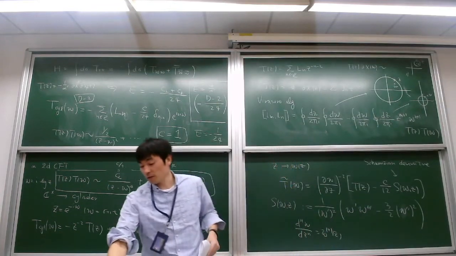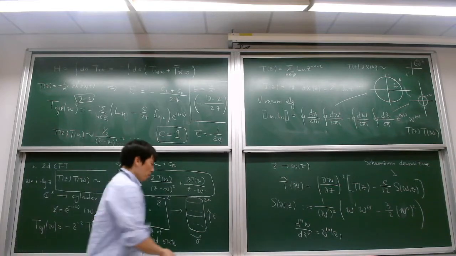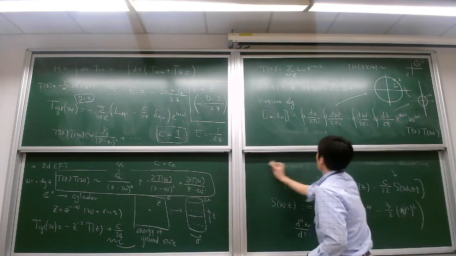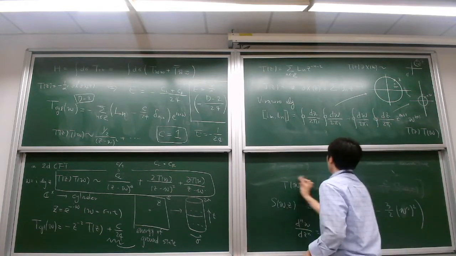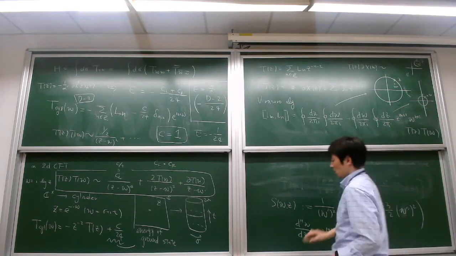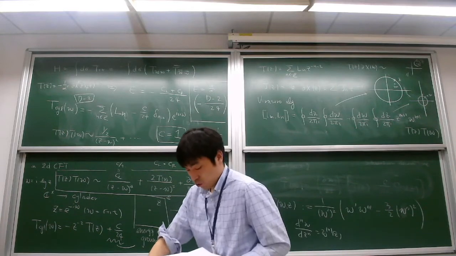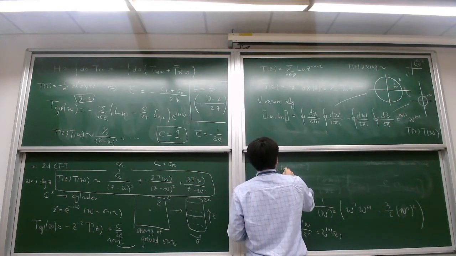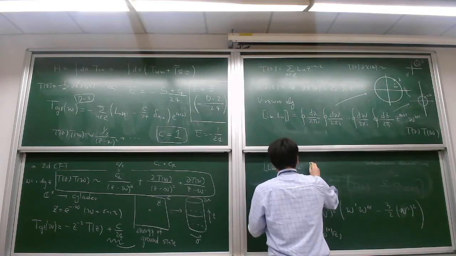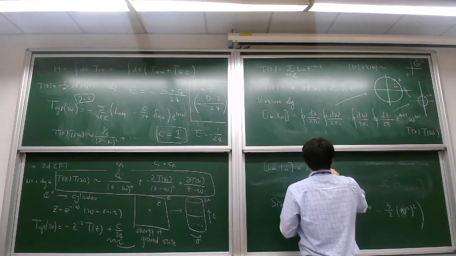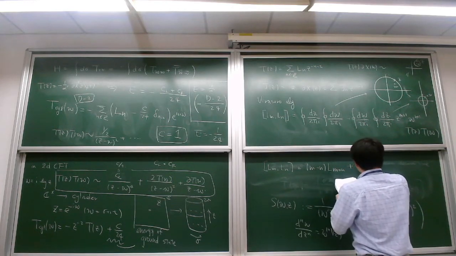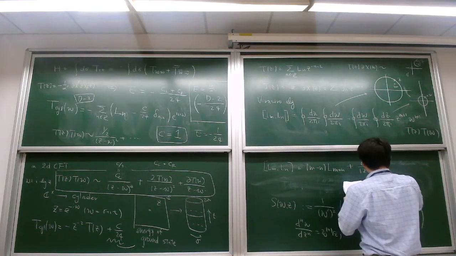At the end of the day, you get the most important relation in the CFT. In the homework, you derived [Lm, Ln] = (m minus n) L(m+n) plus c over 12 (m cubed minus m) delta(m+n, 0).